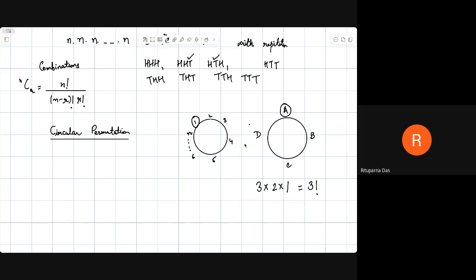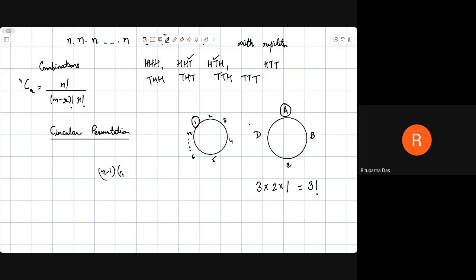Similarly, when you have a circle with n points, 1 is fixed here and 2 can be placed in n minus 1 positions. So it can go here, it can go here, all the n minus 1 positions are open for 2, right? Next, 3. 2 is already placed, 1 is already placed, so we have n minus 2 positions left for 3 to fill.